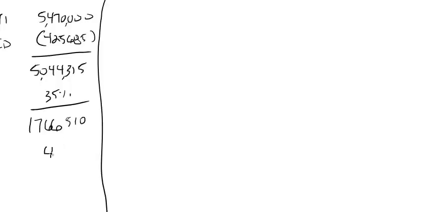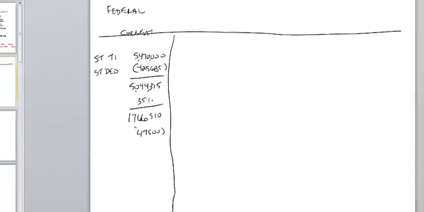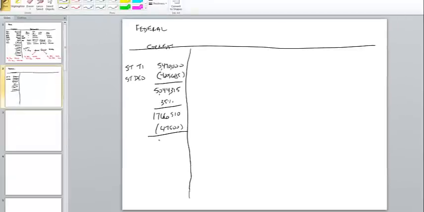And I have credits of 47,500. So my federal tax liability net is $1,718,010. Okay, so that is my current federal calc.